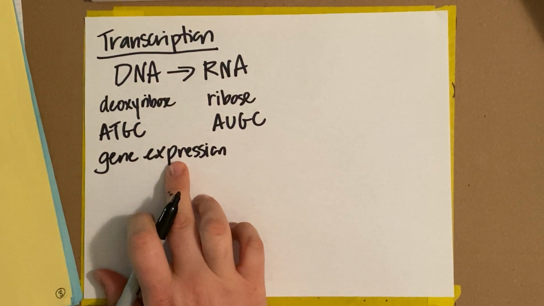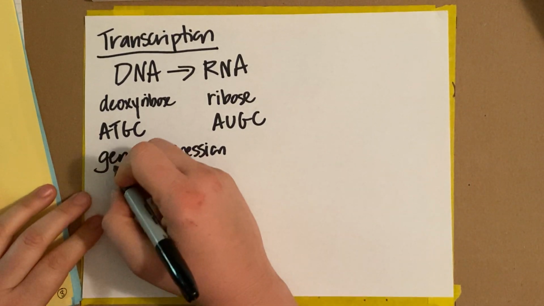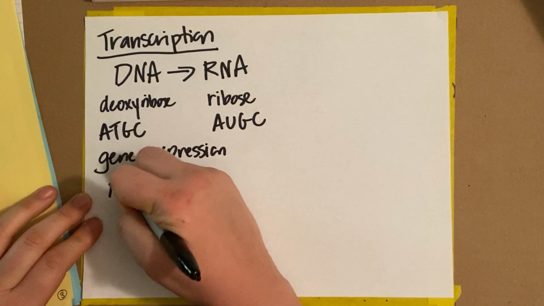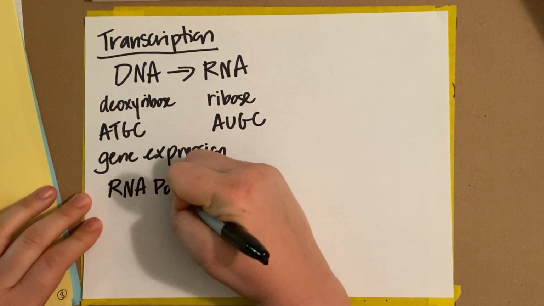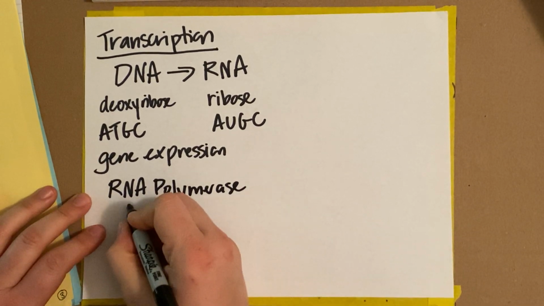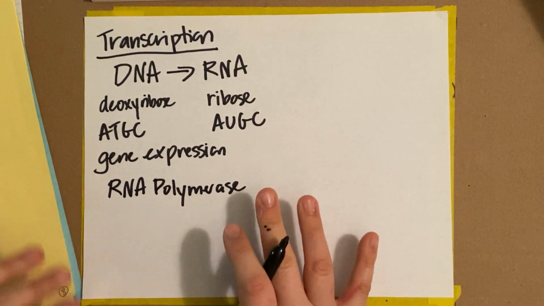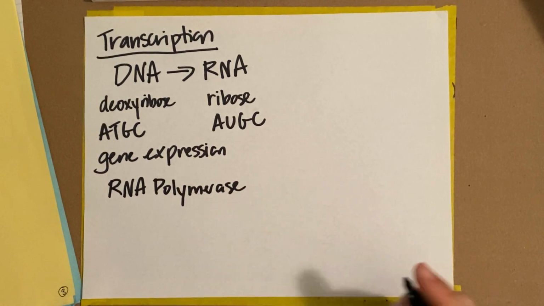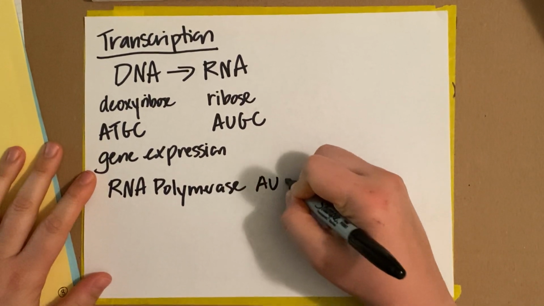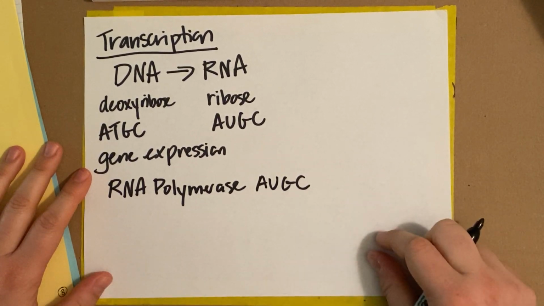Okay? So we're going to use some similar enzymes that we've heard of before. One of the enzymes is going to be called RNA polymerase. In this case, instead of adding on a TGC, the RNA polymerase is going to be adding on a UGC, and it's going to build a single strand of RNA.